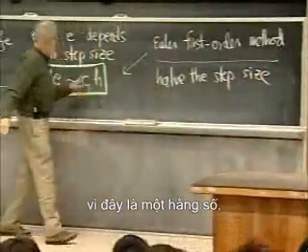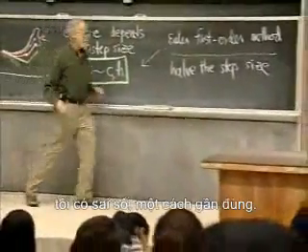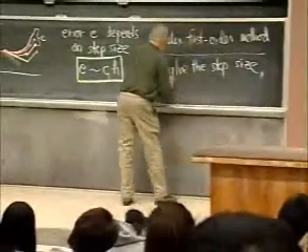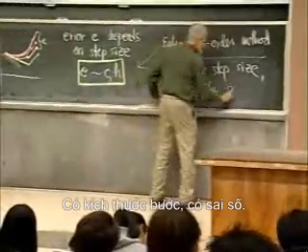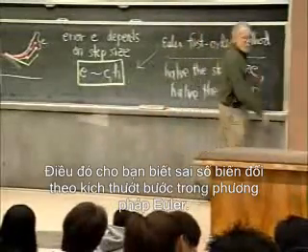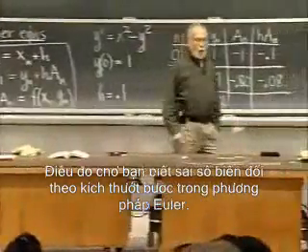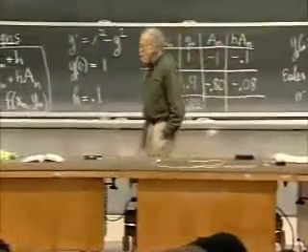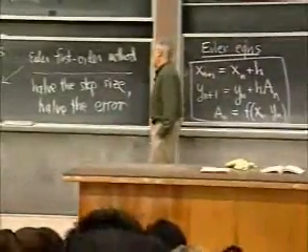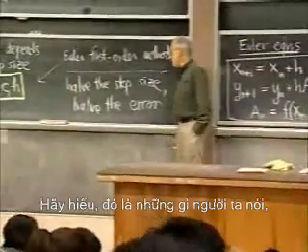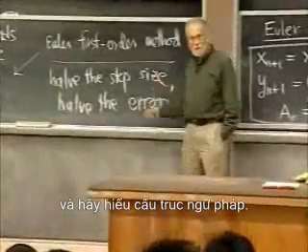Since this is a constant, if I halve the step size, I halve the error, approximately. Halve the step size, halve the error. That tells you how the error varies with step size for Euler's method. Please understand, that's what people say, and please understand the grammatical construction.